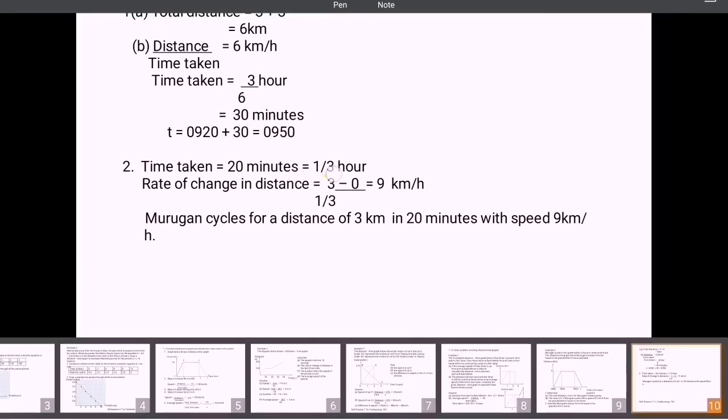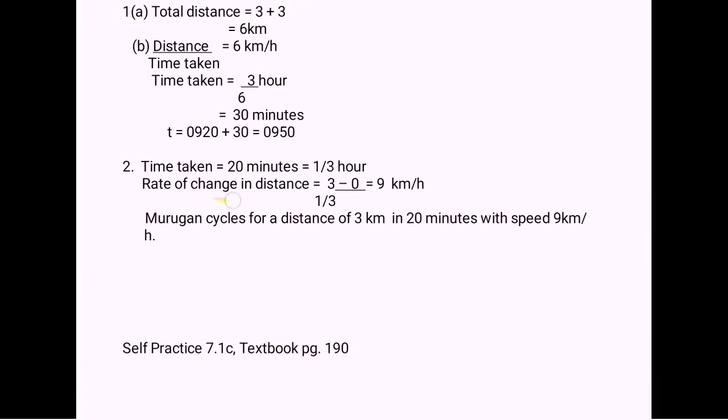The rate of change in distance means speed. So we have 3 minus 0 over 1 over 3, so the answer is 9 km per hour. So we describe: Murugan cycles for a distance of 3 km in 20 minutes with a speed of 9 km per hour.